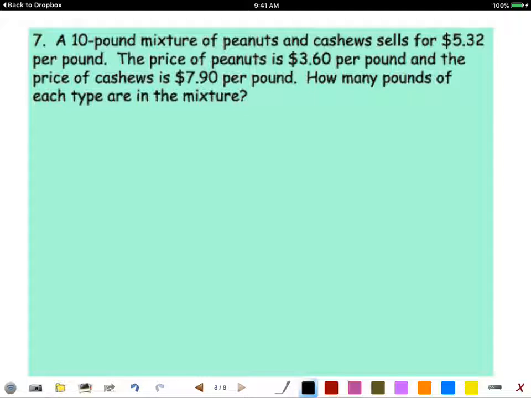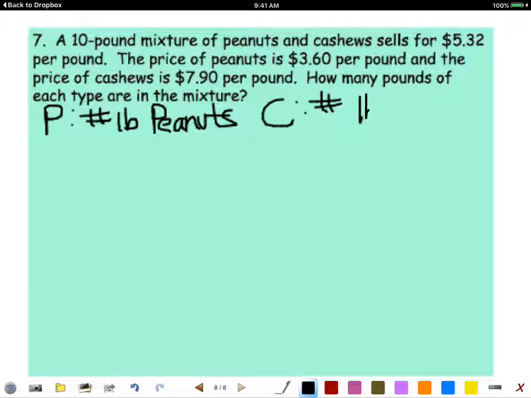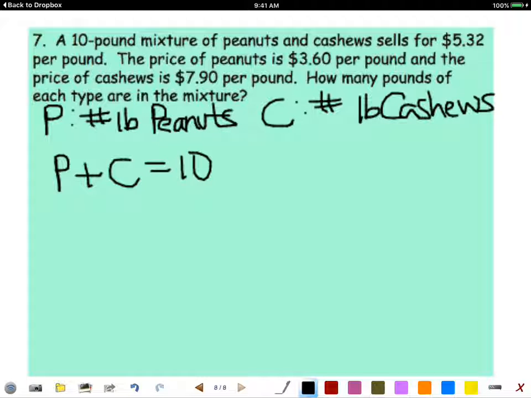What's the first equation going to be? What do you have? P plus C equals 10.